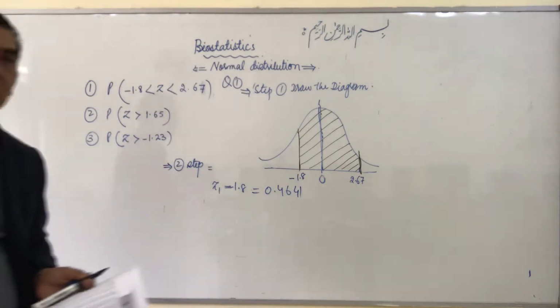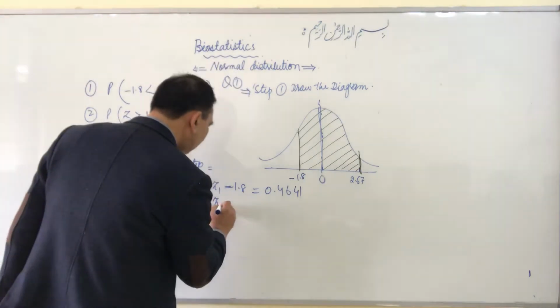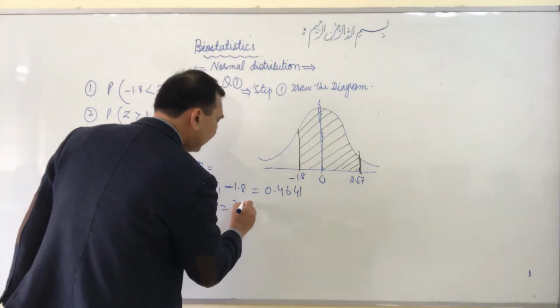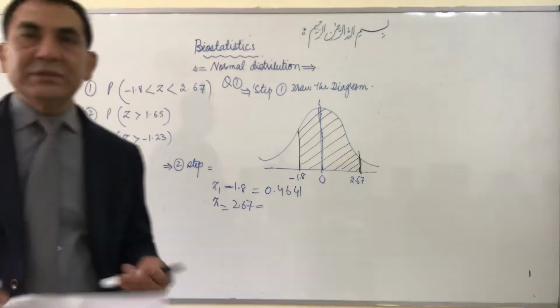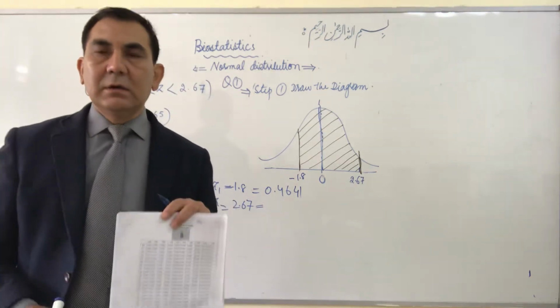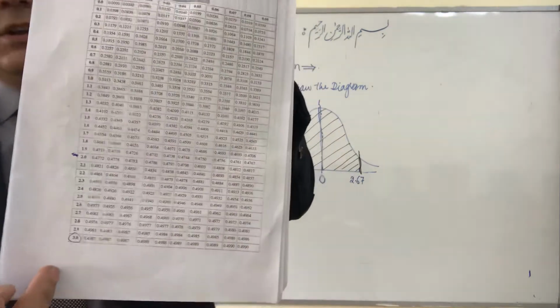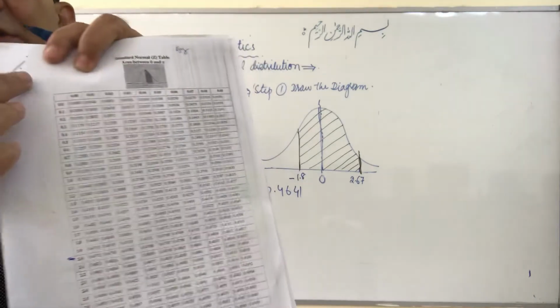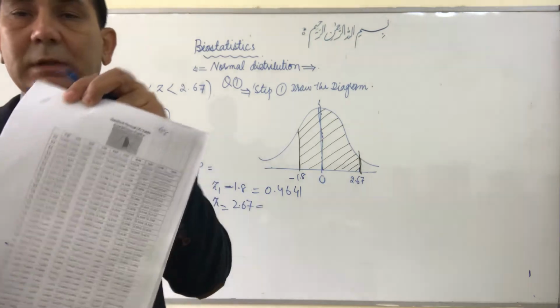Now the other value, Z2, which is 2.67. As I told you about the Z table, in the row the value is given to 1 decimal, and in the column it is given to 2 decimals.